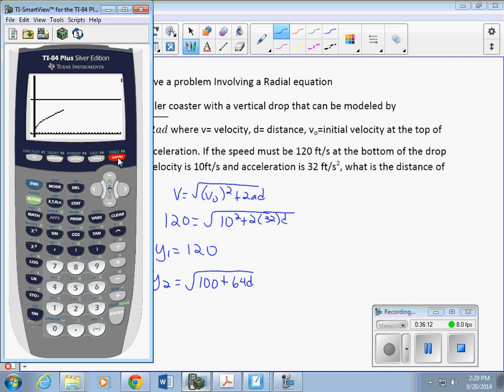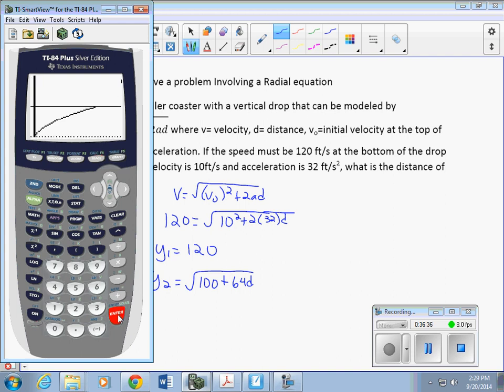so that is my y1 is equal to 120. And then that is the second equation of 100 plus 64d all squared. All square rooted, I guess. So now I need my intersect of that. So I go into my calculate. Okay, I'm on my y1 equals 120 graph, so I hit enter.